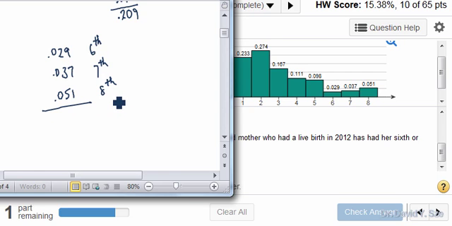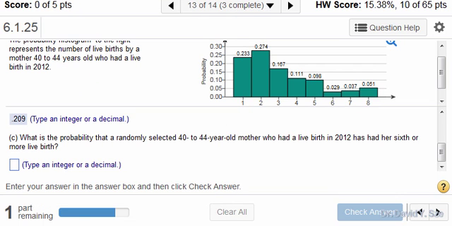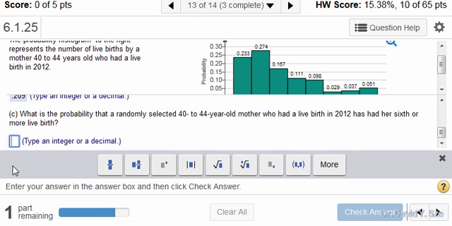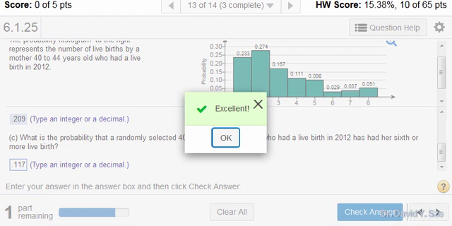I'm assuming that 8 really means 8 and above. How I added these is I noticed that 9 and 1 are 10, so 10 and 7 are 17. You can add these in any order you want. So the chance is 0.117. Check our answer. Excellent again.